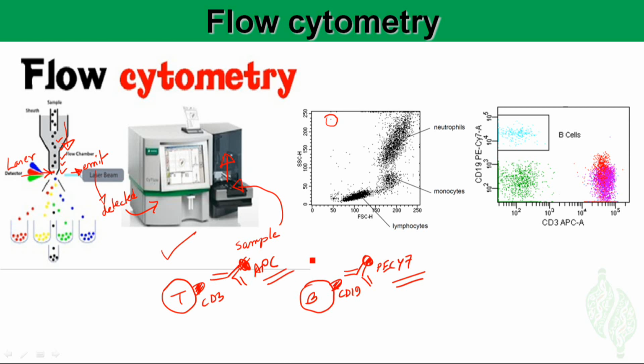Basically, the flow cytometry machine will give you two types of plot.